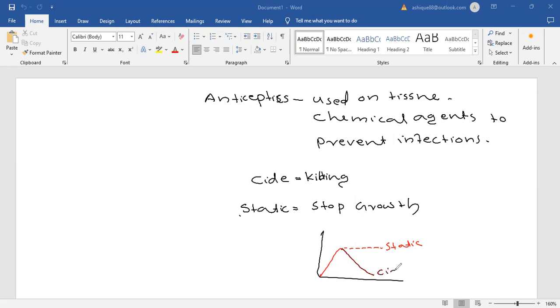If you are using -cide chemicals, they will be used for killing, so the growth will decline. And static means they are only stopping growth, not killing, so the graph will move in this manner. I hope it is clear. Yes, sir.